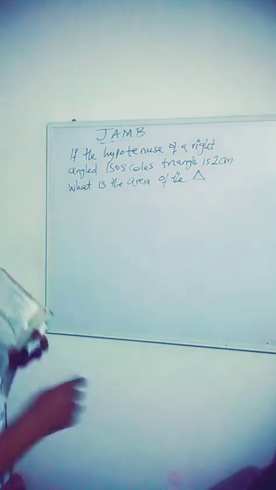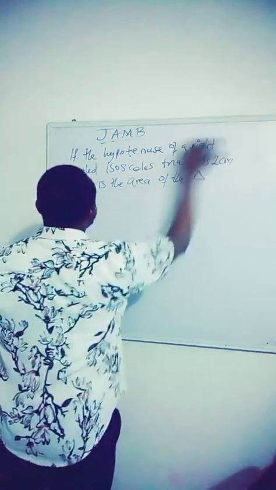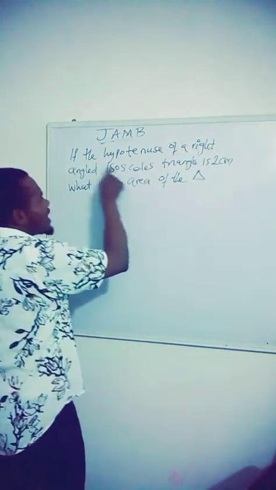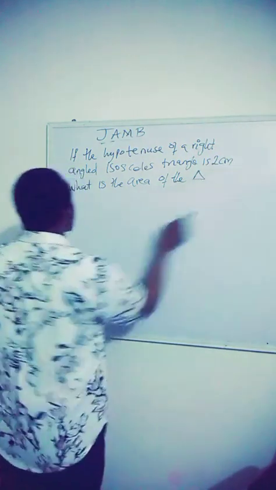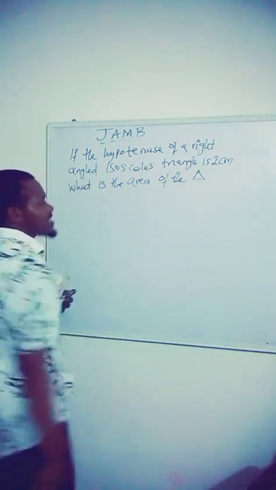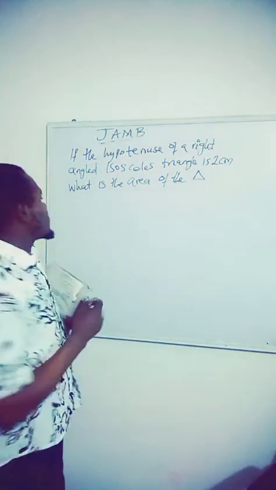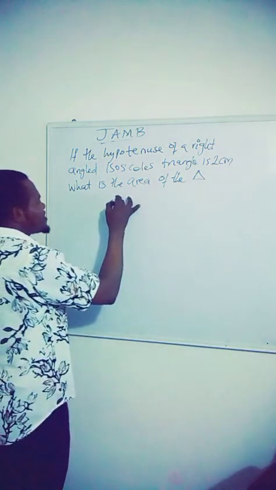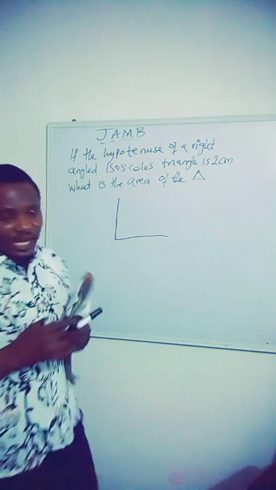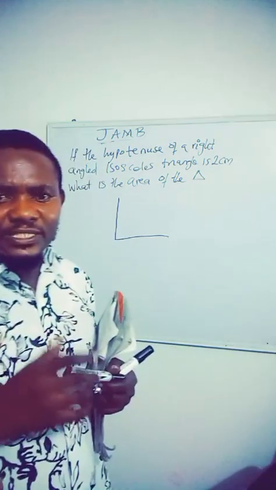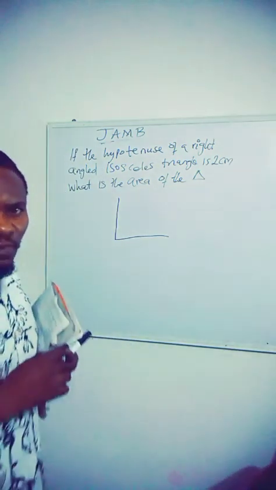Thanks for the gift. Now, if the hypotenuse of a right angle isosceles triangle is 2 centimeters, what is the area of the triangle? You know that an isosceles right angle triangle is a triangle that has 90 degrees as one of the angles.